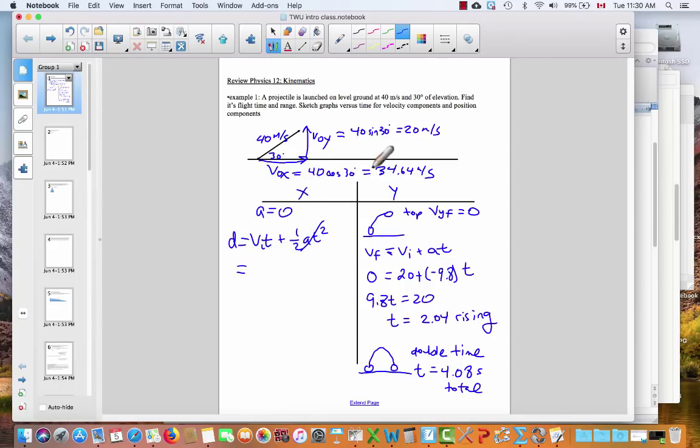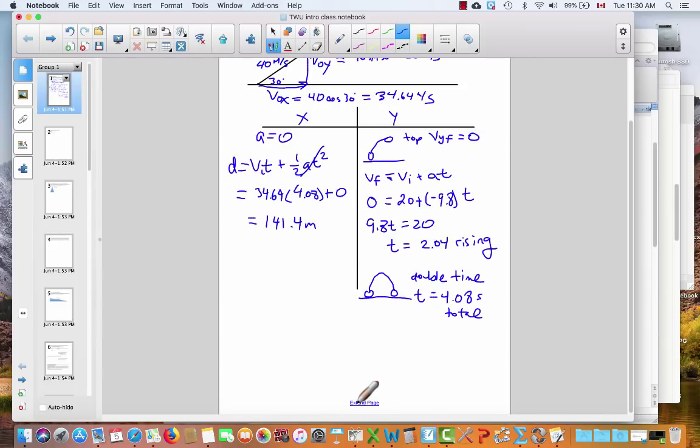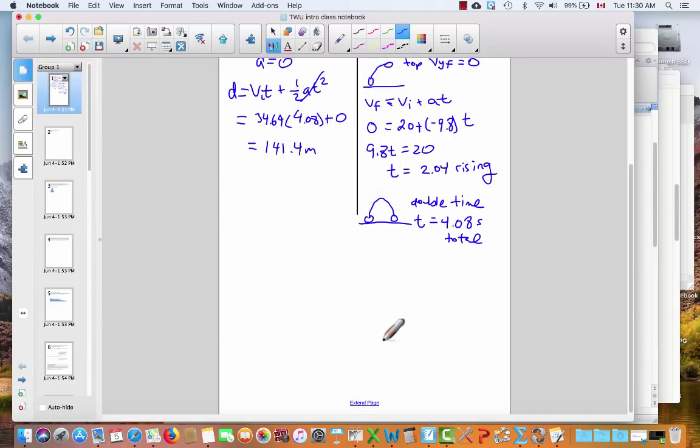So the initial x velocity is this 34.64, and then the time is the flight time, the 4.08 seconds, and then this whole term here is 0. So this means that our projectile went 140.14 meters, which is about 400 feet. So that would be pretty good if you were a golfer.